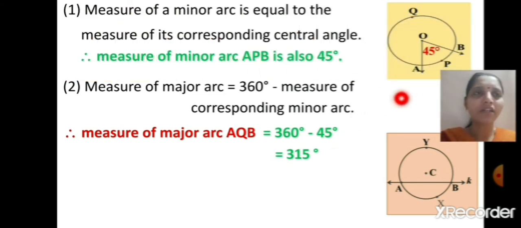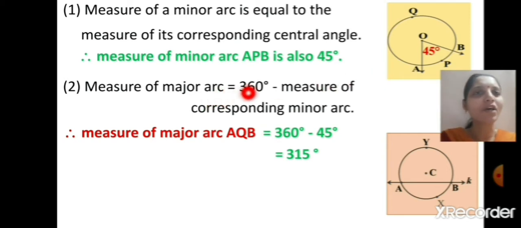Now we have seen that due to the central angle AOB, the circle is getting divided into two parts. The smaller part is called the minor arc and the bigger part is called the major arc. The measure of the minor arc is equal to the measure of its corresponding central angle. So here, if you consider angle AOB as 45 degrees, then the measure of minor arc APB is also 45 degrees.